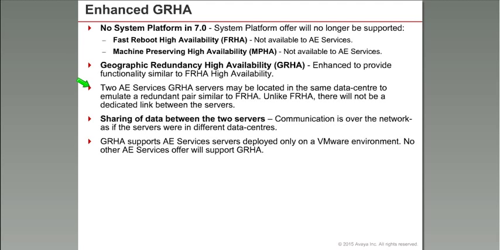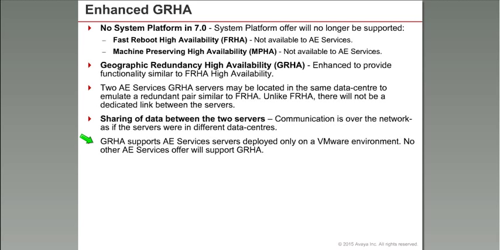So with GR HA, the 2 servers can be co-located or spread across the network. You don't need a dedicated link between the 2 servers as you did with Fast Reboot HA. So sharing of data between the 2 servers is over the network.